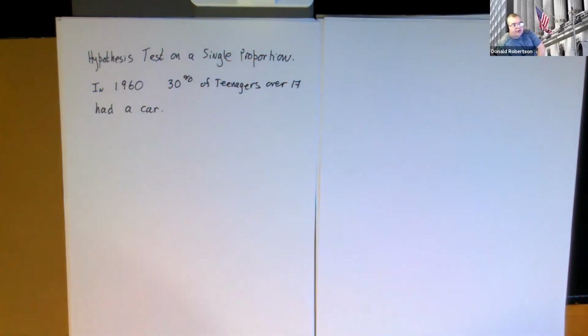So in the past, in the 1960s, 30% of teenagers over 17 had a car. This is what we would say is a fact, right? We just know this is true.